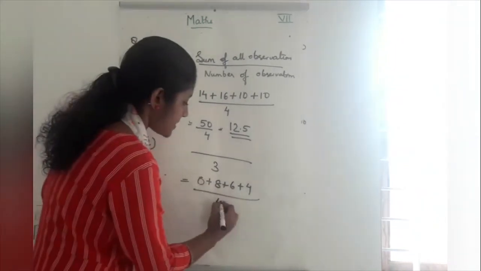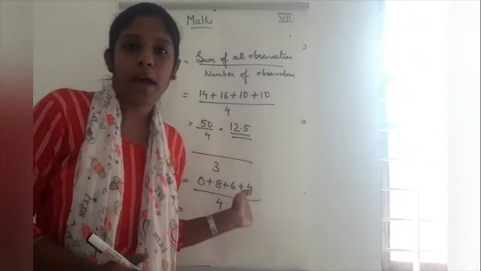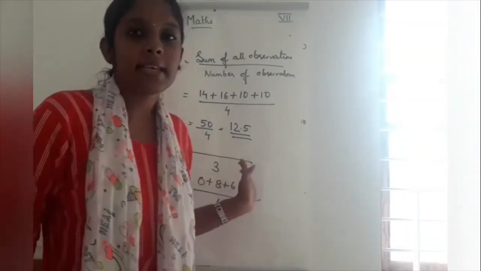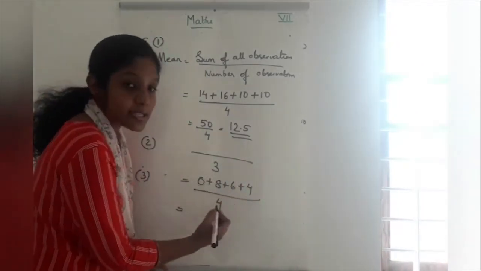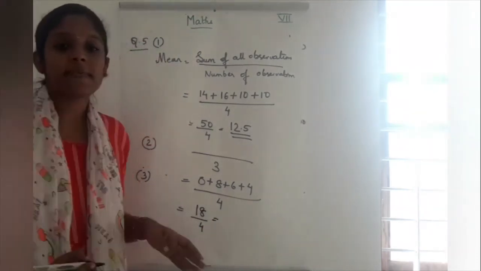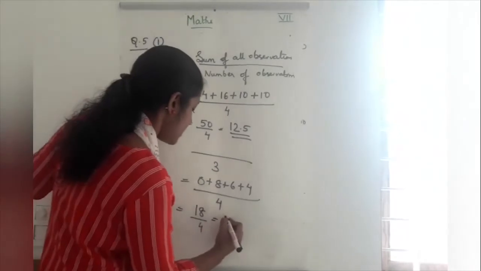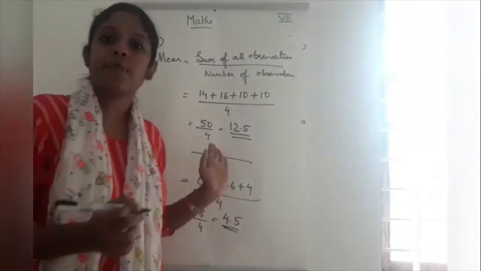So 0 plus 8 plus 6 plus 4 is 18, divided by 4. 18 divided by 4 again you will get a decimal, that is 4.5. Okay, so mean is 4.5.